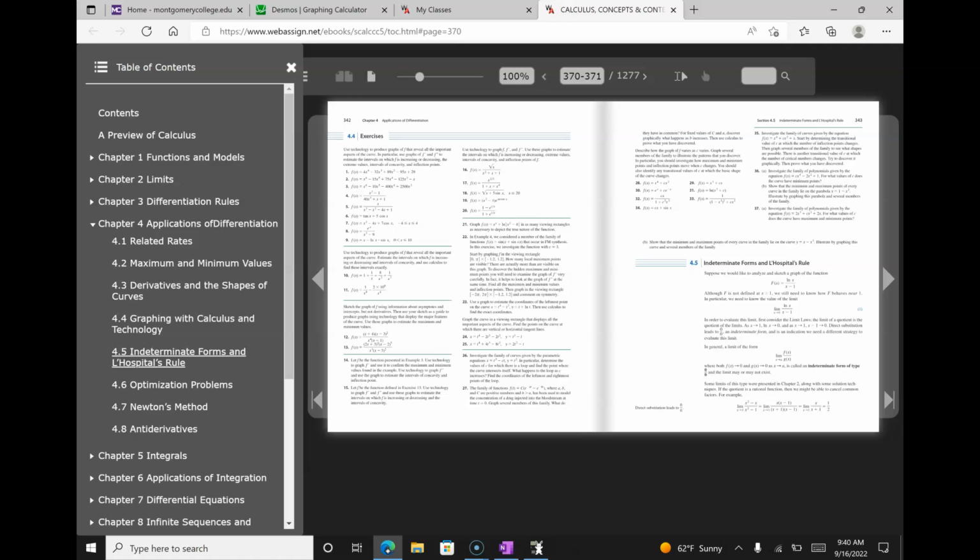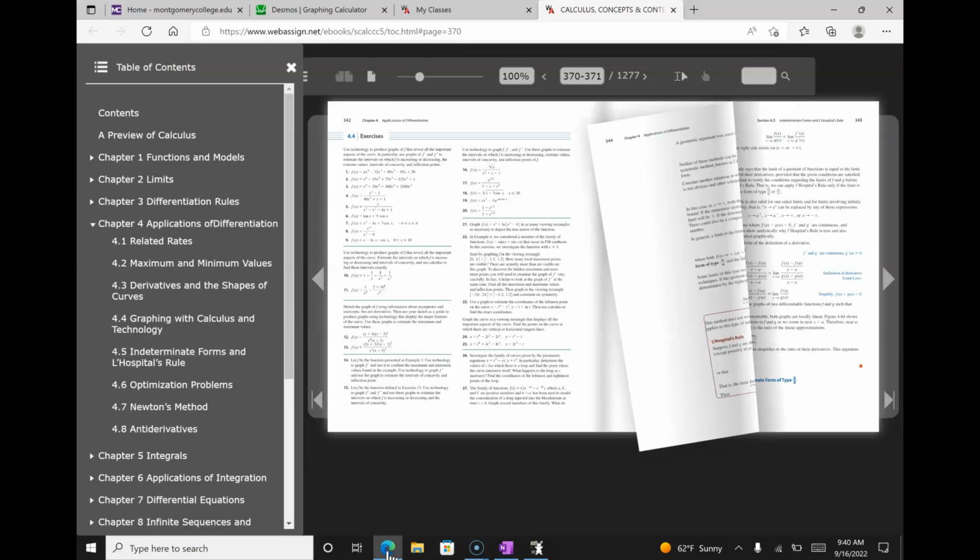And infinity minus infinity, you're going to do in Calc 2. And what's the other one? Oh, infinity raised to the 0 and 0 raised to the infinity. There's all these weird forms that sometimes give you one number or another. But the last few that I talked about, you'll deal with in Calc 2.